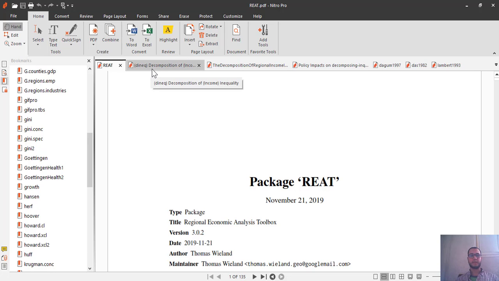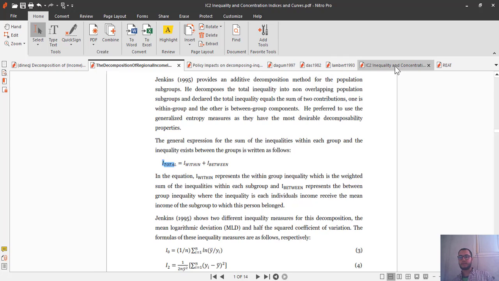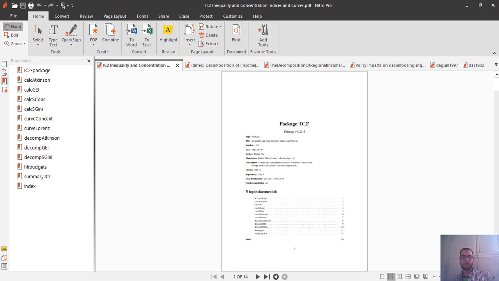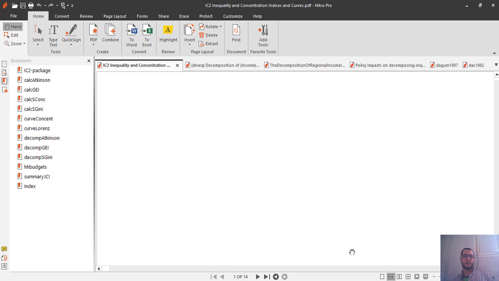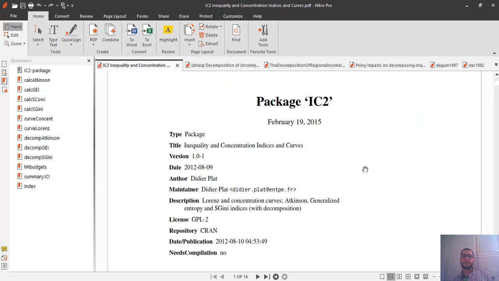There is a third package called IC2, the package for inequality and concentration indices and curves.